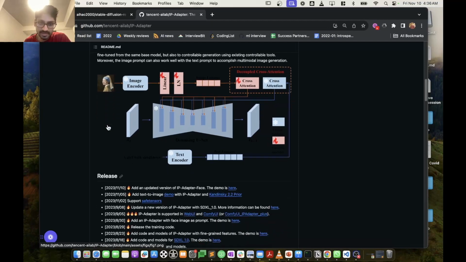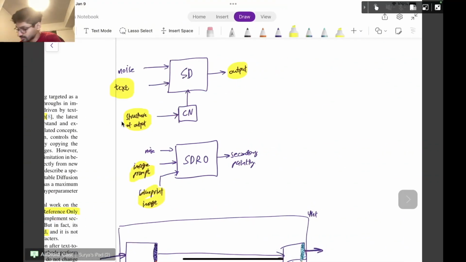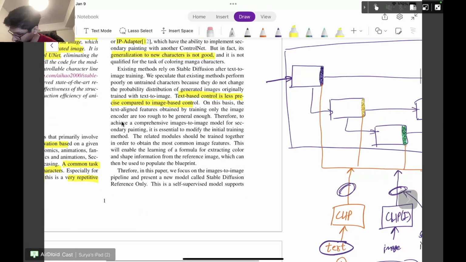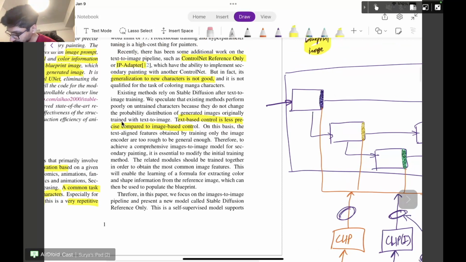This paper doesn't work too well, and the authors also mention a bit more about it. Specifically, they say that existing methods that use text have less precise control, and the methods that use images don't do well either, specifically because the probability distribution of the generated images is limited by the text to image model.